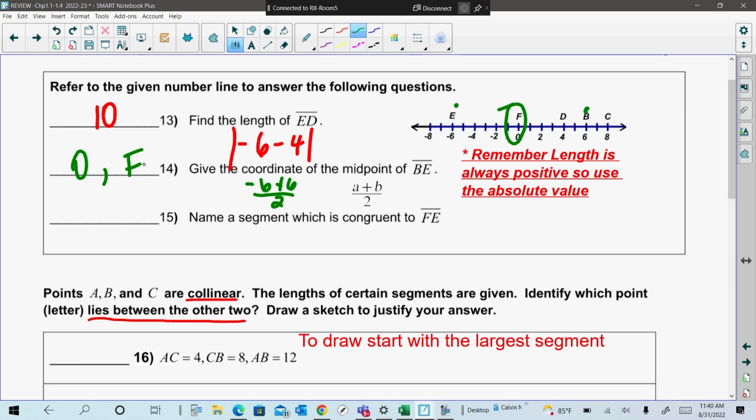And then a segment that is congruent to FE. Well, FE is actually 6 units long. And the other segment that is 6 units long is FB. Okay.